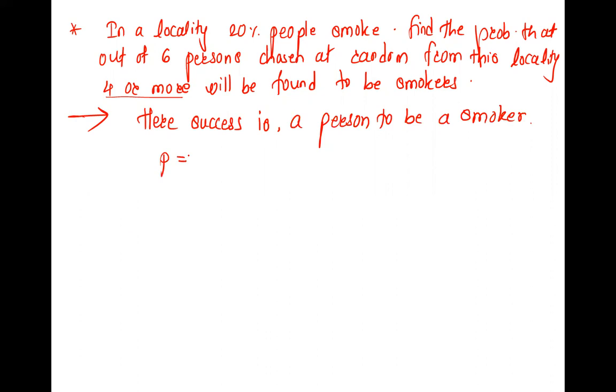So can you define P? P is the probability of success, a person to be a smoker. It is given that in a locality 20% people smoke. So what is P? 20%, or 0.2, that is 20 by 100.